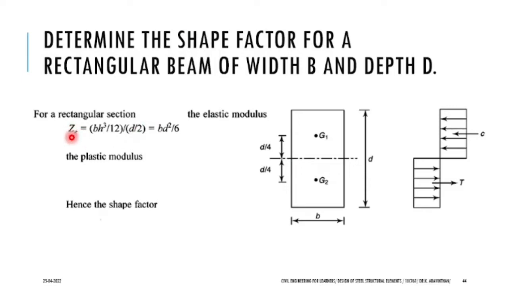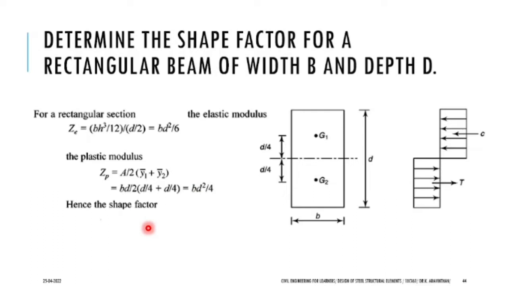What is Ze? The 2 and 12 get cancelled, you will get 6. d cube and d get cancelled. You will get b d square by 6. So Ze is b d square divided by 6. For Zp, A is b d by 2, y1 bar is d by 4 plus d by 4. If you simplify, you will get b d square by 4.